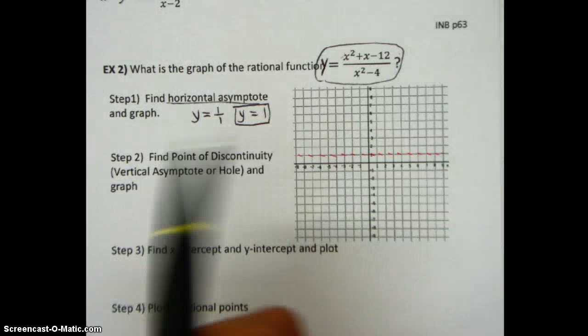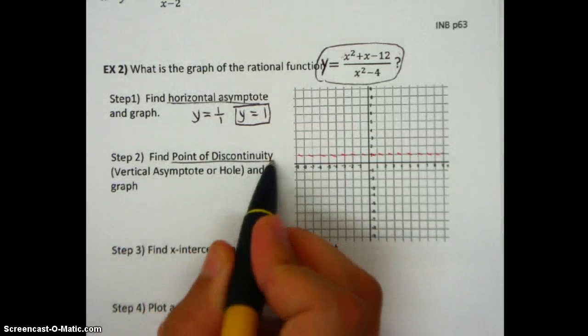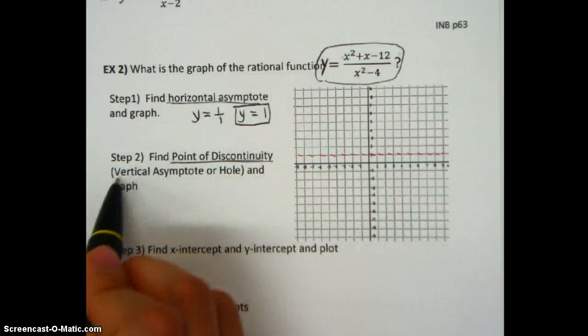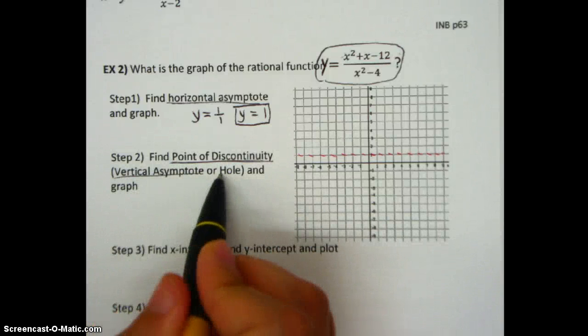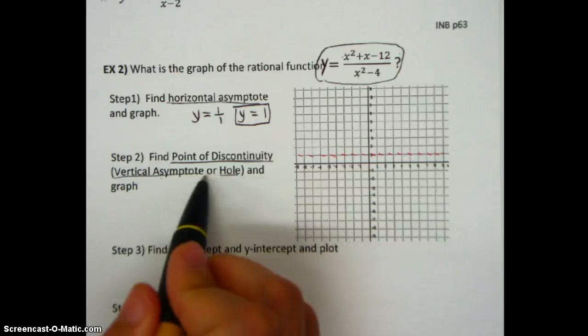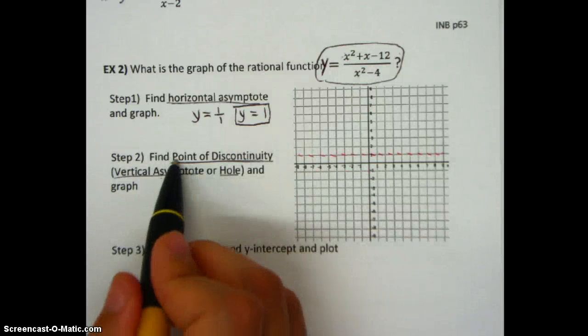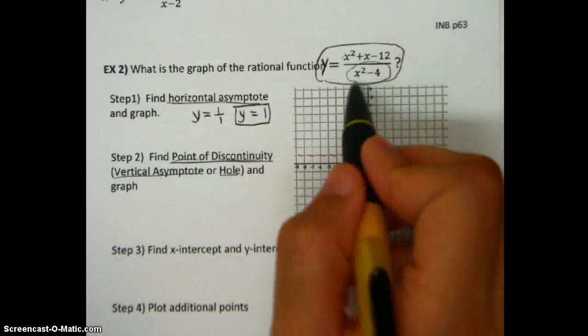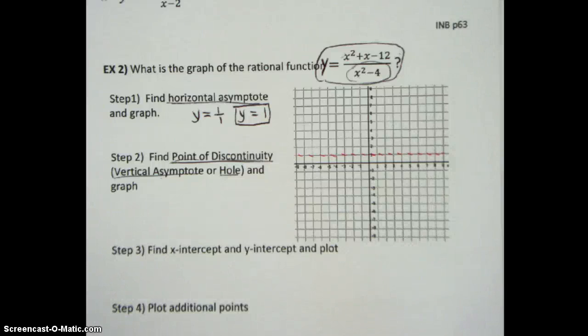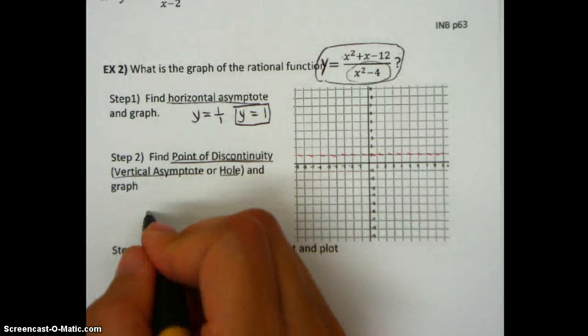And then the second step is to find the points of discontinuity. Discontinuity is again a vertical asymptote or a hole. It can be either, depending on whether the factor is being cancelled out or not. To find the points of discontinuity, we have to look at the denominator and factor it to see if anything can cancel out.